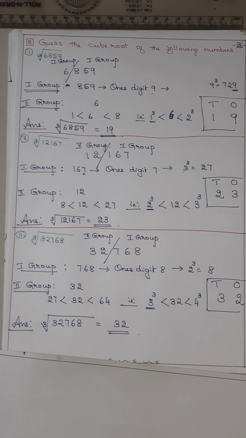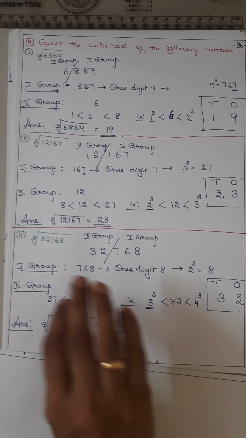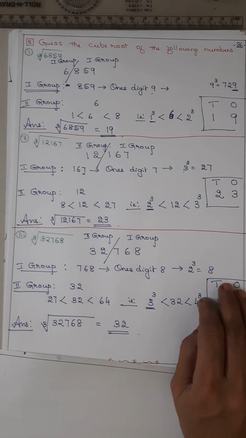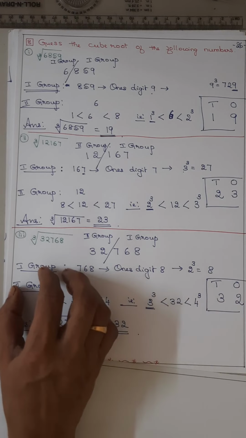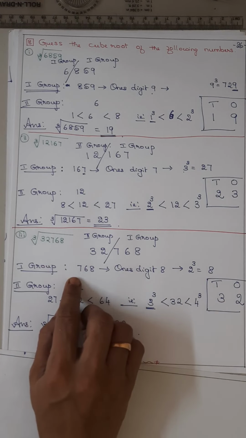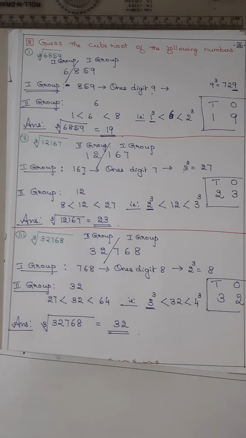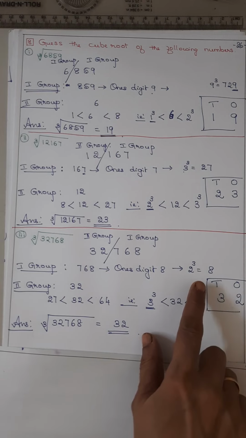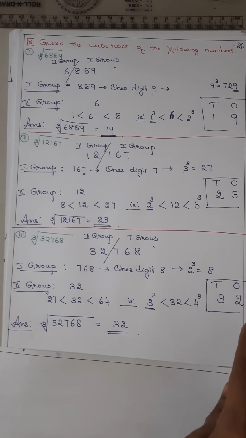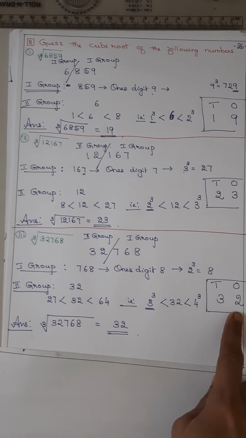So first we have to group the 3 digits from right side, and now first group 768, 8 is in the ones place. So which number has the cube 8 in the ones place? That is 2 cube is 8. That means the ones place the answer will have 2.